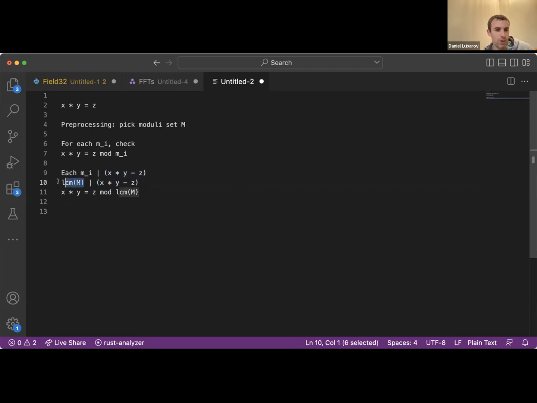So as long as the LCM of our moduli set is more than 512 bits, then the only solution is the one with no wraparound. So then we can just infer that the identity holds. Does that make sense?